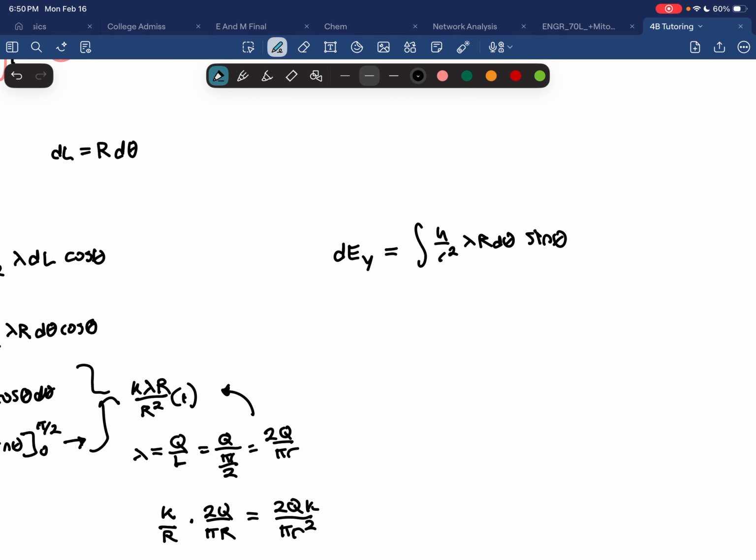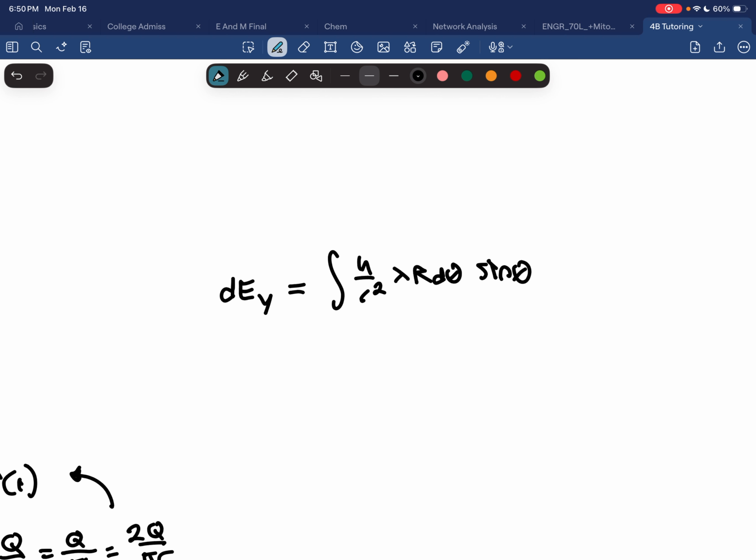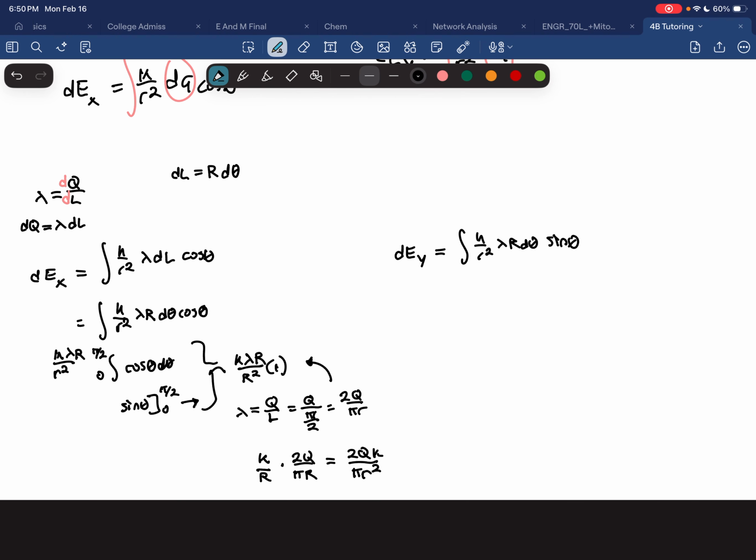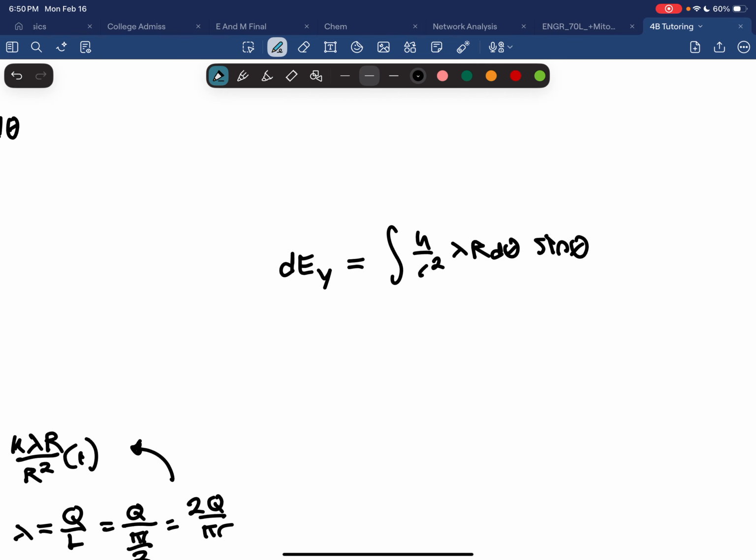And so likely we're going to see something very similar on this side. Everything here happens pretty much the exact same way. k lambda r over r squared, integral of sine of theta from 0 to pi over 2. This is equal to negative cosine of theta.